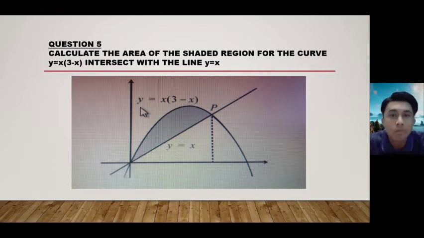Calculate the area of the shaded region for the curve y equals x(3 minus x), intersecting with the line y equals x. So this is the first equation and this is the second equation. First we must find P to get the real answer. Okay, let's move on to the next slide.